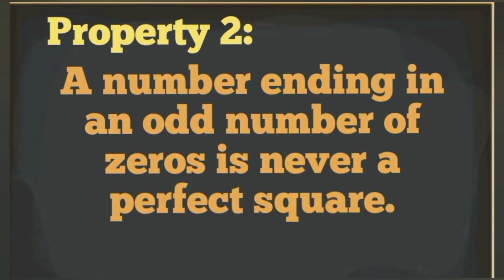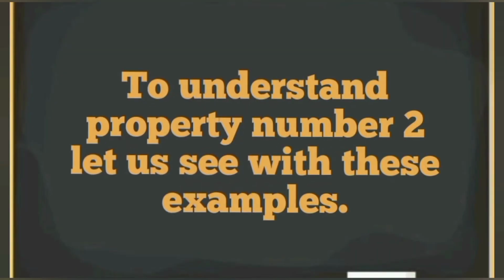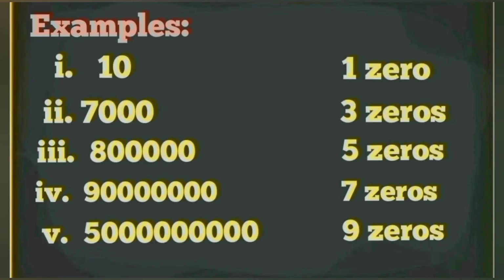Property number 2. A number ending in an odd number of zeros is never a perfect square. To understand property number 2, let us see these examples. In example number 1 till number 5, when we count the number of zeros in those given numbers, we find that the number of zeros is 1, 3, 5, 7 and 9.